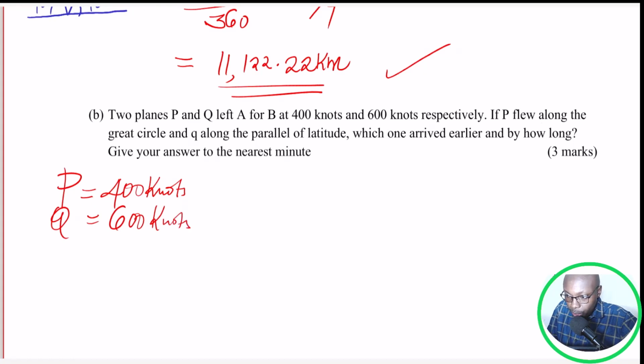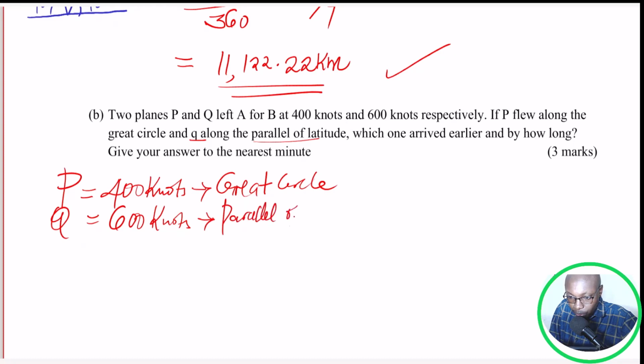If P flew along the Great Circle, whereas Q flew along the parallel of latitude, so this one is a small circle. Which one arrived earlier and by how long? Give your answer to the nearest minute.